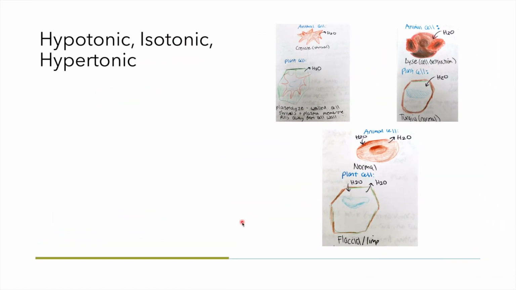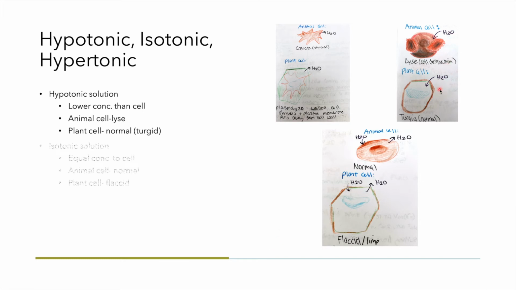Solute concentration with respect to the cell can be hypotonic, isotonic, or hypertonic. A hypotonic solution is a solution with a lower solute concentration compared to the solute concentration inside the cell, so water moves into the cell during osmosis. An isotonic solution is a solution with equal solute concentrations, both inside and outside the cell.